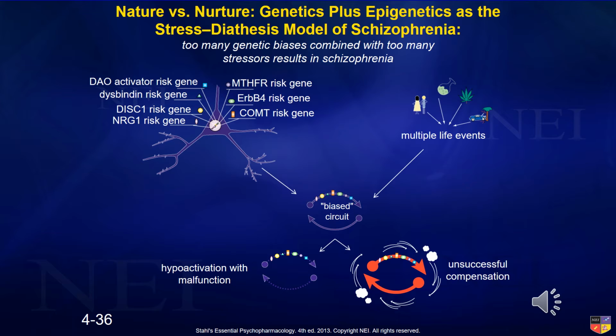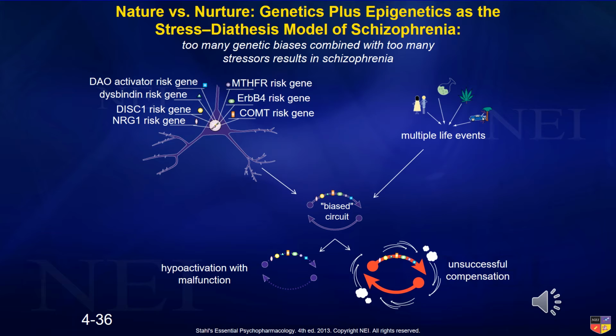But then over on the right side, you'll see multiple life stressors, and these then, both the risk genes and multiple life events, can either stress a circuit, hypoactivating it or overactivating it. And when that happens, the risk genes that are there can then cause the problem.